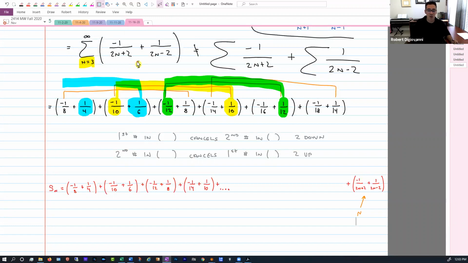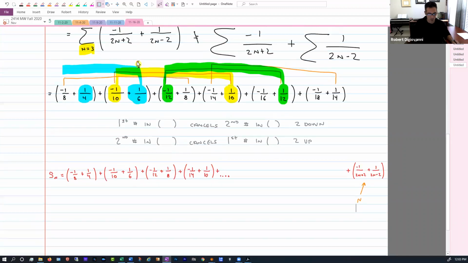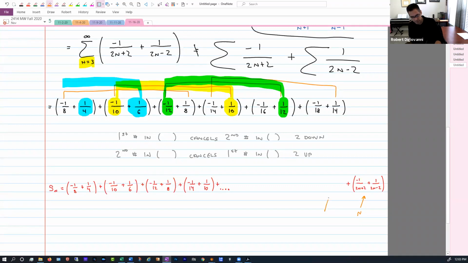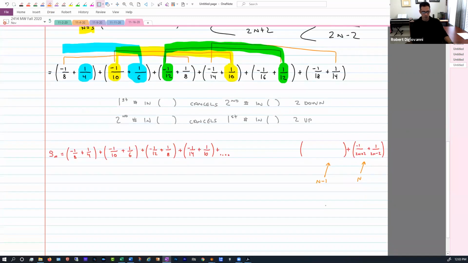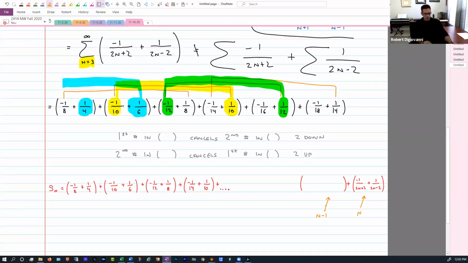The next one's going to be harder to see. Because what am I going to plug into the next one? Not n, but what? One less, right? Take away 1. So I've got to take this formula right here and replace the n's with n minus 1.